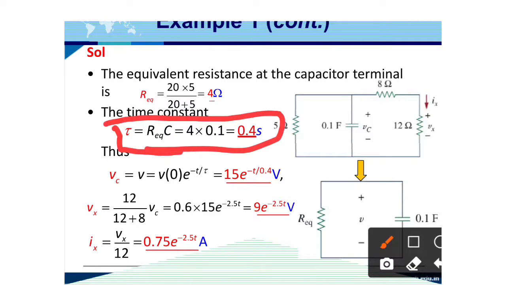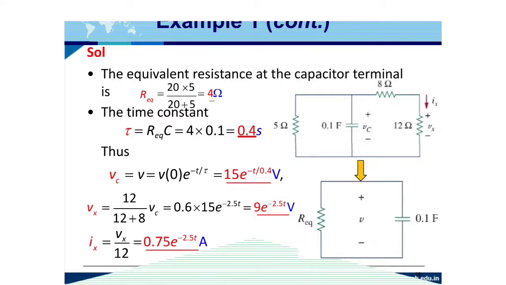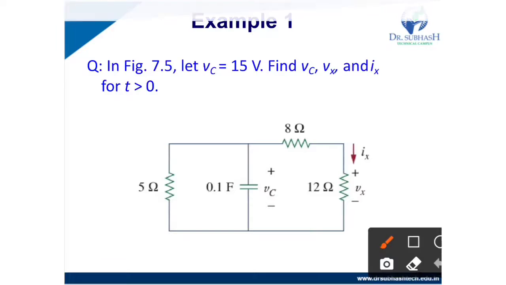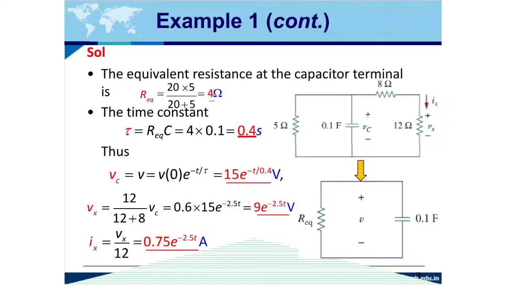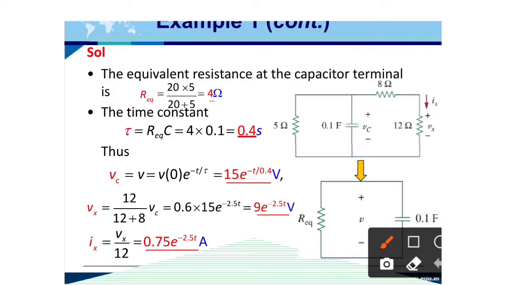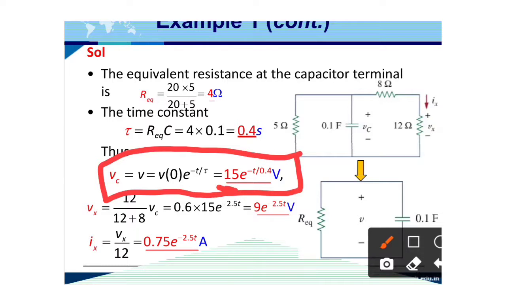Now we know the voltage of the capacitor Vc = V0 e^(-t/time constant). The initial voltage is 15 volt, so Vc = 15 e^(-t/0.4) volt.